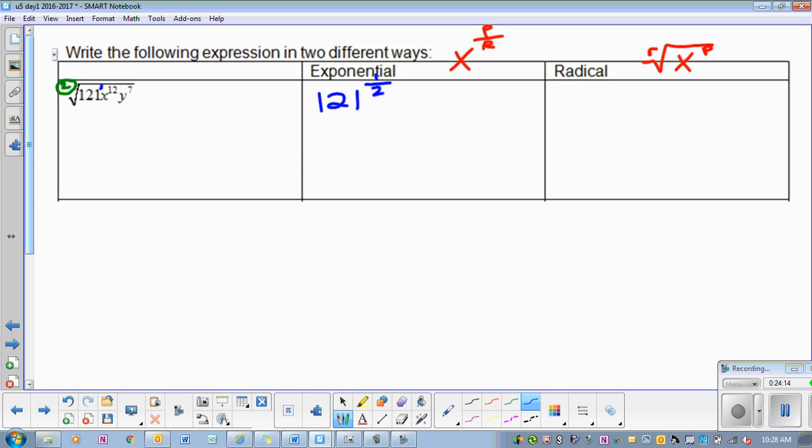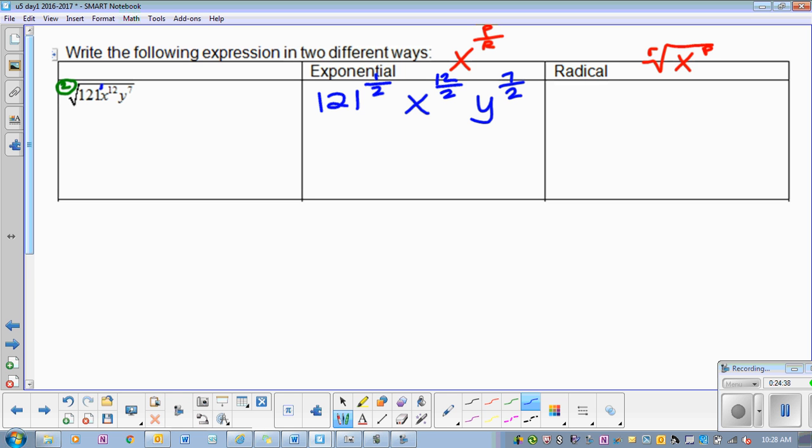How about the x? What is the power on the x, guys? 12 over, what's the root? 2. And what about the y's? What's the power on the y? 7. What's the root? 2.